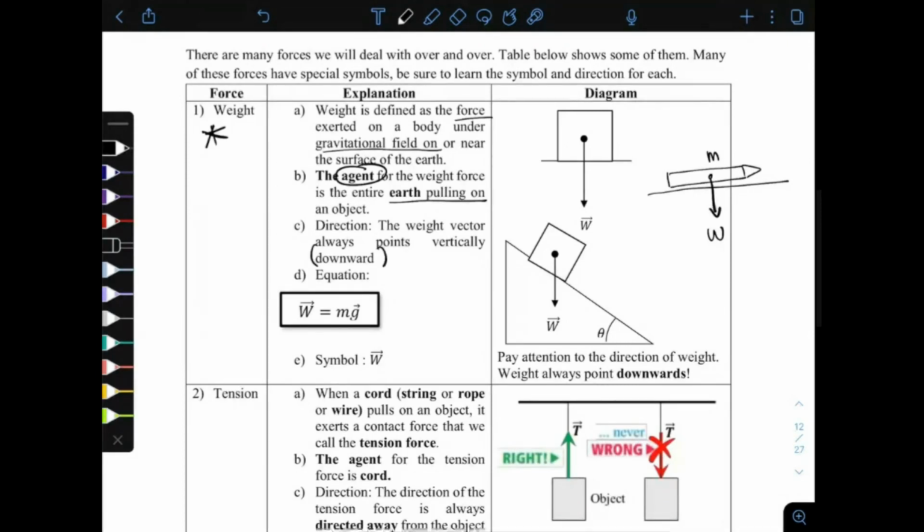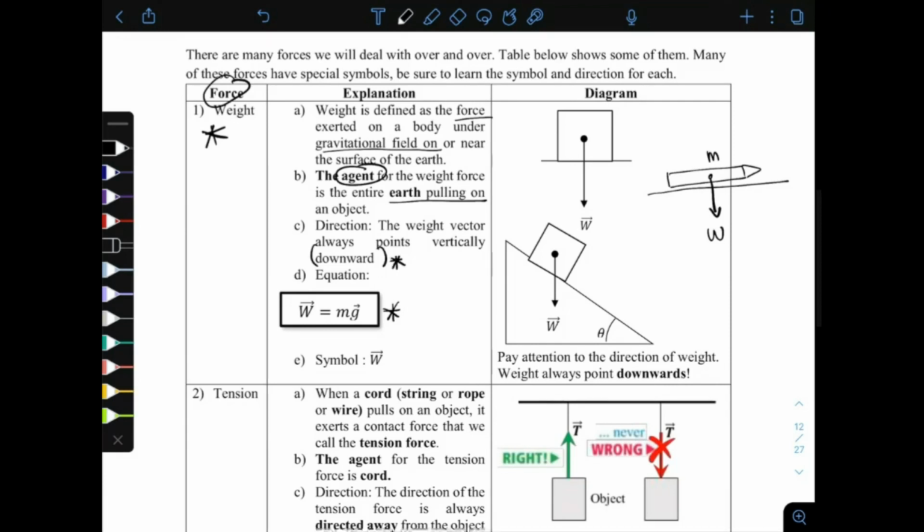And the equation for weight, W is equals to mg. So tadi kita ada force di mana force adalah vector quantity, akan ada magnitude dan juga direction. The magnitude for weight force can be calculated using W is equals to mg, whereas the direction is always downward.